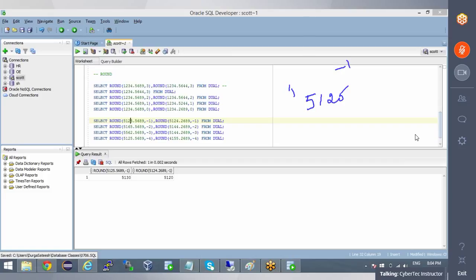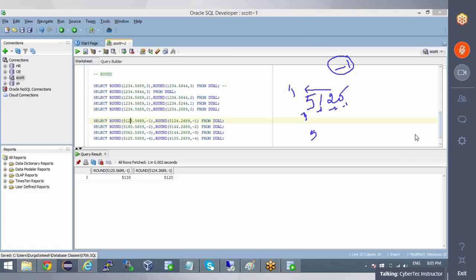And we have to ensure that we are applying that particular -1 criteria. So what do I mean by -1? This is my -1 position, this is my -2, this is my -3, this is my -4. When I have a value displayed as -1, it means that I have to round this value based on this particular -1 position.